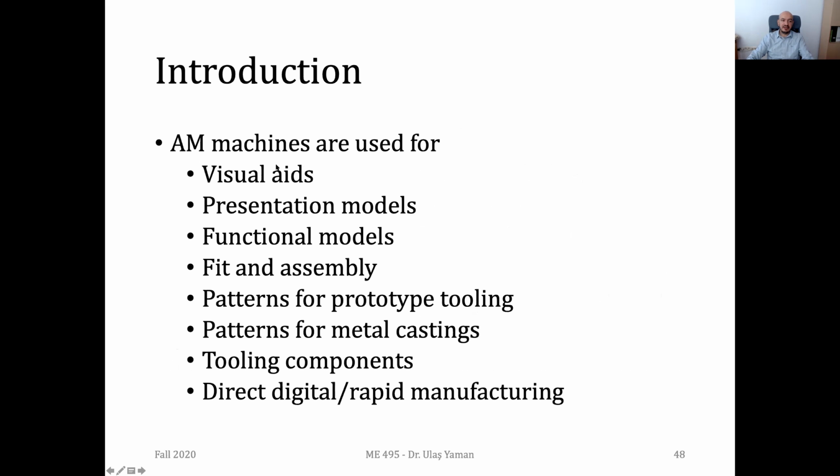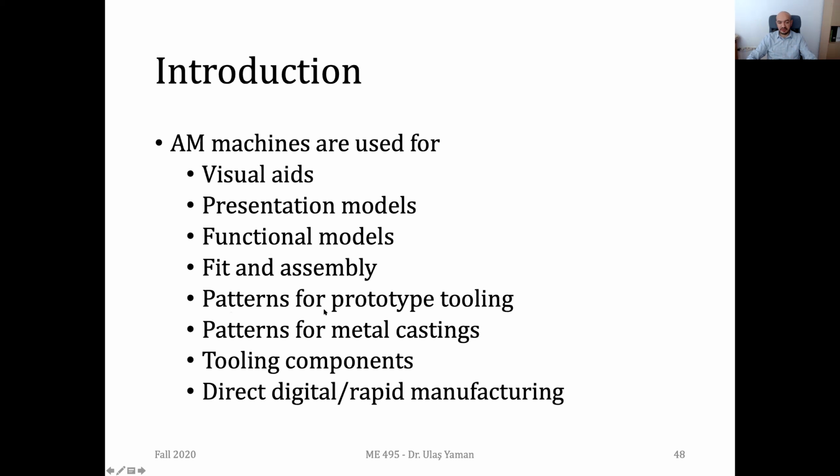First of all, we use them for visual aids, just to show you the 3D product physically, and you may have them in your presentations, to show that your model is working, that your functional assemblies are working, or you may use it for checking whether your part is fitting exactly into, let's say, the other part of the assembly.